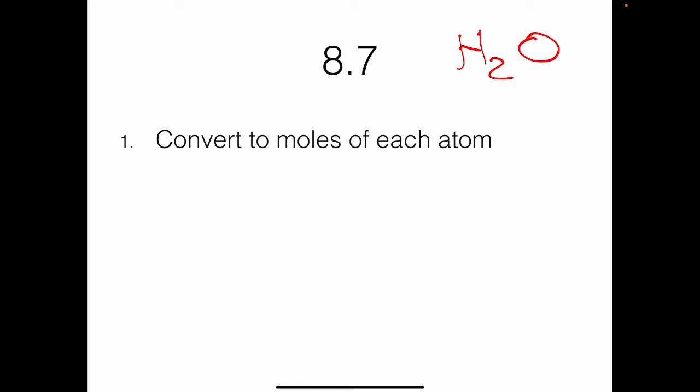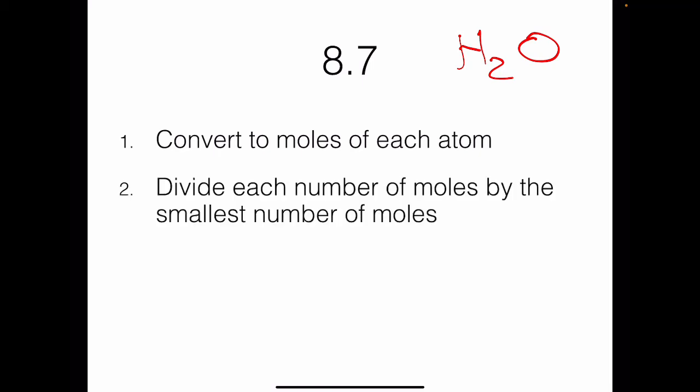So if you are asked to determine an empirical formula, what you're actually calculating is a mole ratio of one element to another in a compound. You can do it that way by remembering what it is that you're solving for, or you can follow this series of steps. Step number 1 is to take your given information and convert that to moles of each atom. Step number 2, you divide each number of moles by the smallest number of moles.